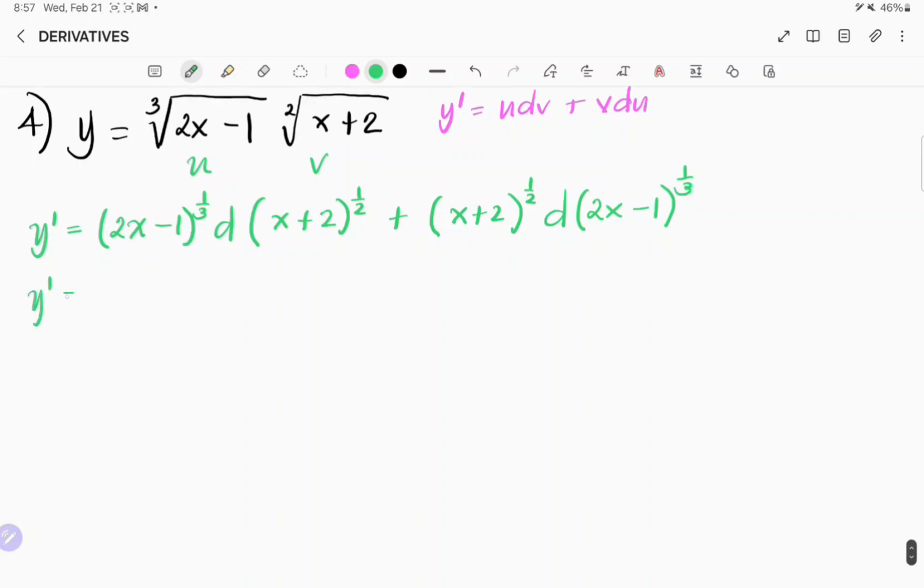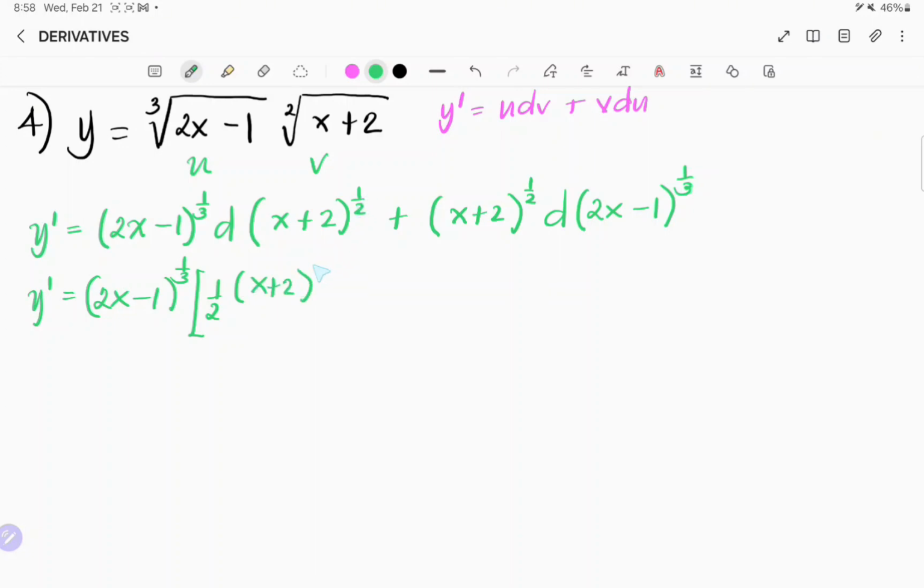Y prime is equal to 2x minus 1. So you have to copy that quantity times the derivative, which is going to be 1 half times x plus 2. And we have to subtract 1 from this exponent.